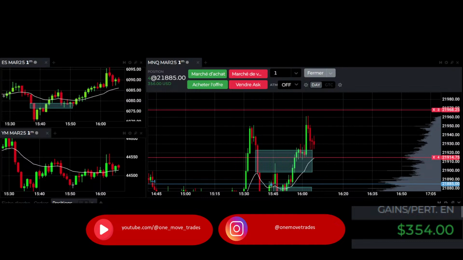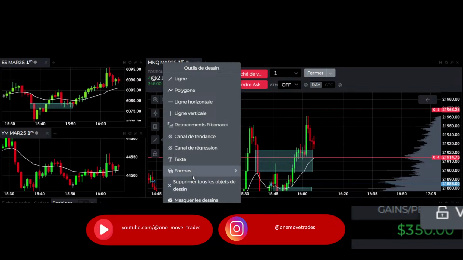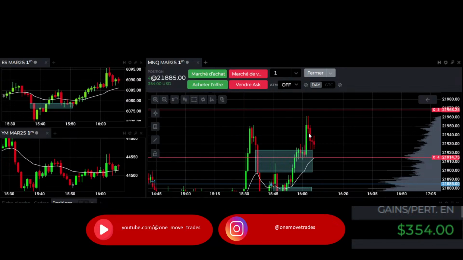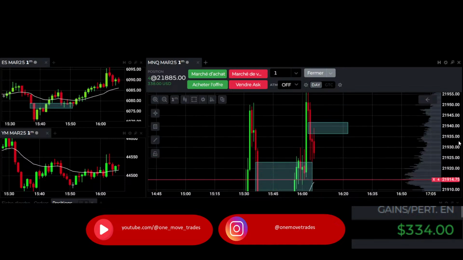Yes, no bullish sign. If we will close above this bearish fair value gap, we will be safe. We will be safe. Yes, this one.